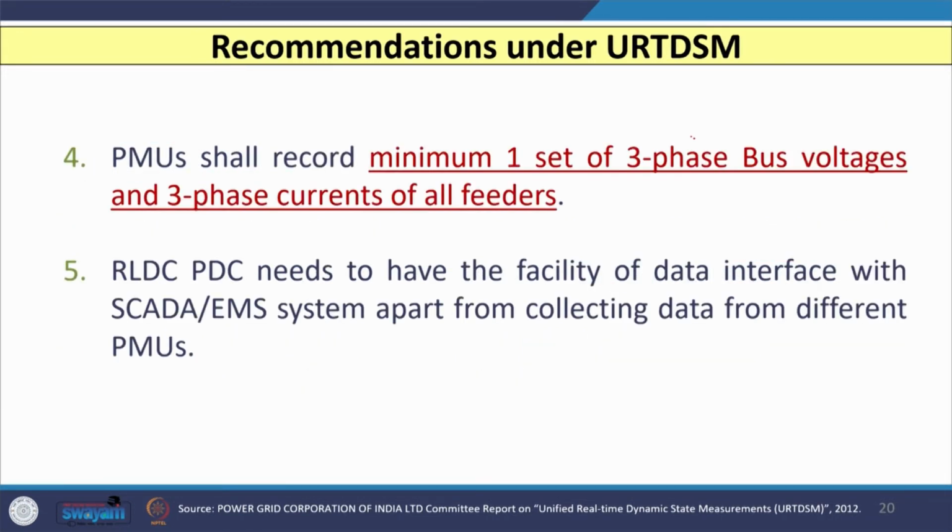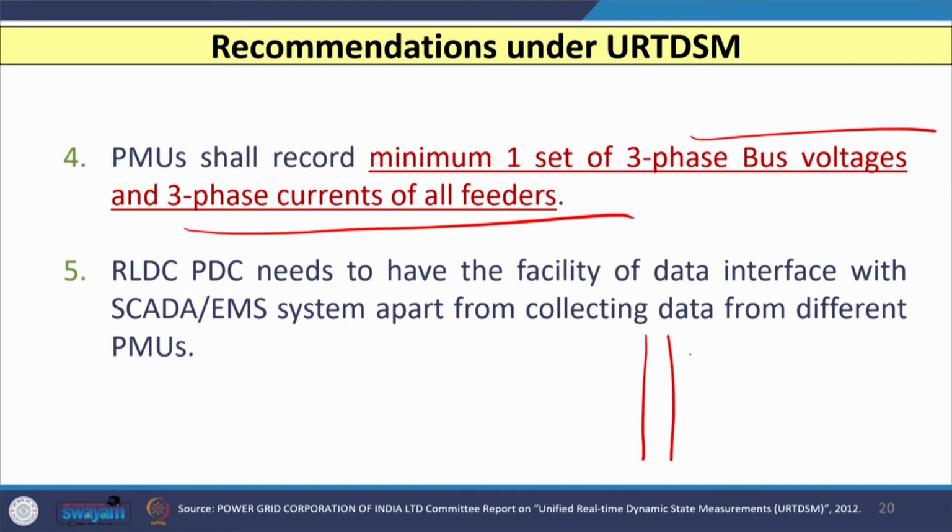The fourth recommendation is that PMU shall record a minimum of one set of 3 phase bus voltages in the substation, and the 3 phase currents of all the feeders. For example, if in the substation we have 3 buses, let us say RYB, then all the 3 voltages, that is one set of 3 phase bus voltages, has to be measured and recorded by PMU.